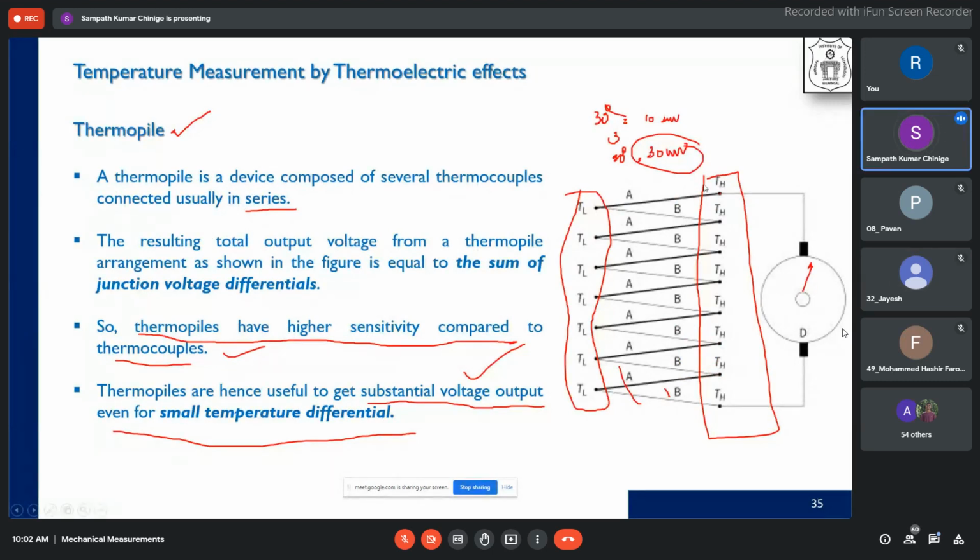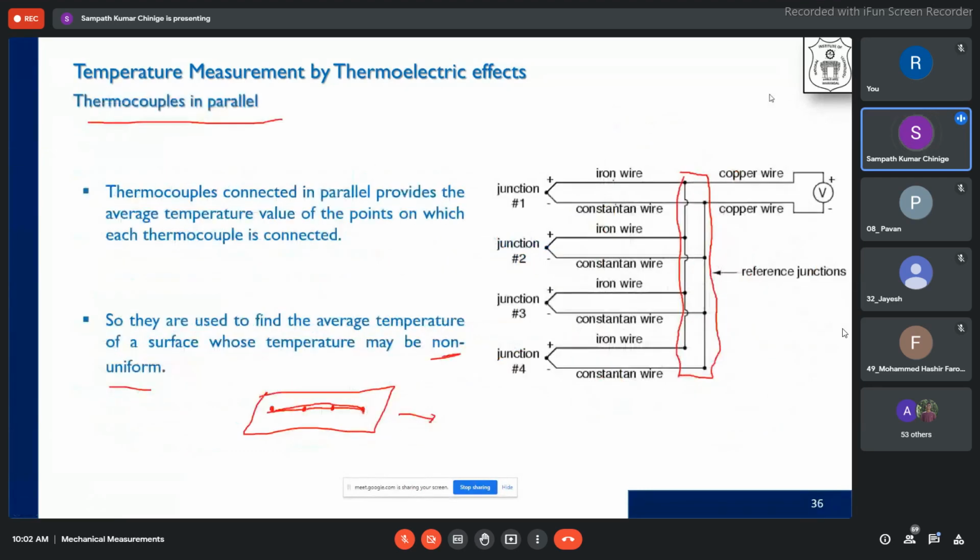What is the difference in the two statements that I made? In series, the surface temperatures are the same: TH is the same, TL is the same. So what it does is, for the same temperature difference, we increase the output voltage so that it can be measured easily. Whereas here, for finding the average temperature of a non-isothermal surface, where the temperature is not uniform and has variation, we generally want to represent the temperature of the body with one number.